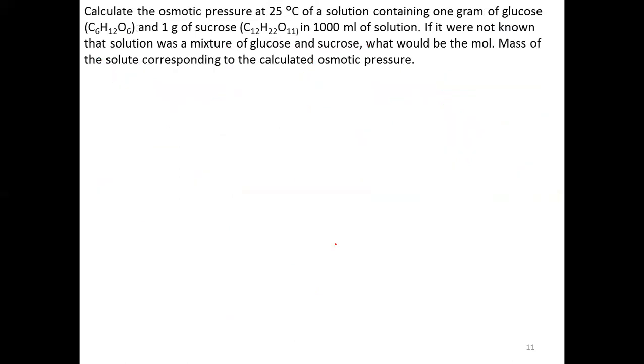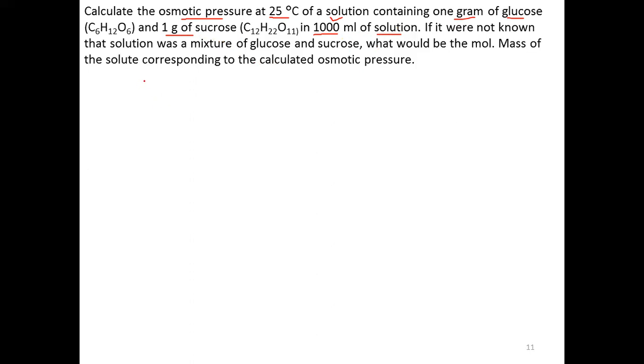Next numerical. Calculate the osmotic pressure at 25 degrees Celsius of a solution containing 1 gram of glucose and 1 gram of sucrose in 1000 ml of solution. We have done a similar numerical earlier. Here the total volume of solution is 1000 ml. It has mentioned the volume of solution after mixing these two, and the amount of glucose is 1 gram and the amount of sucrose is also 1 gram.